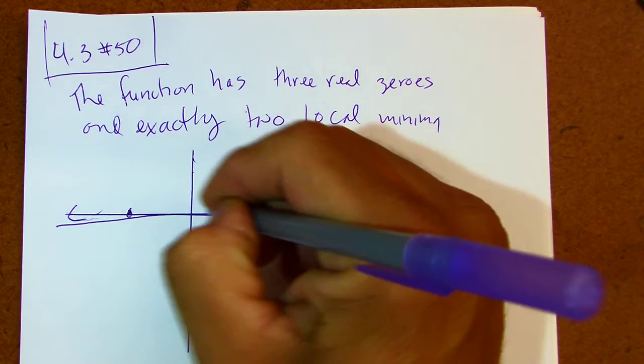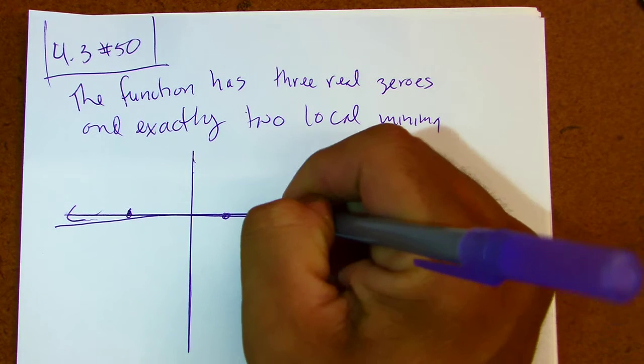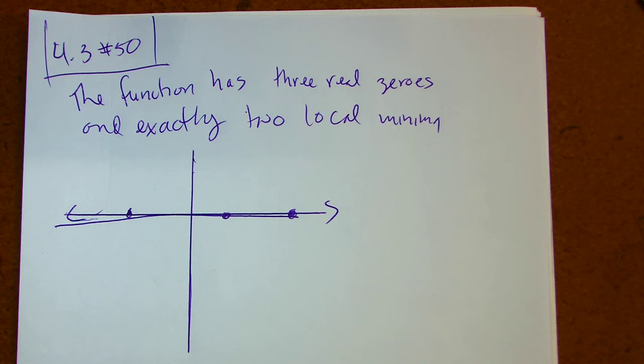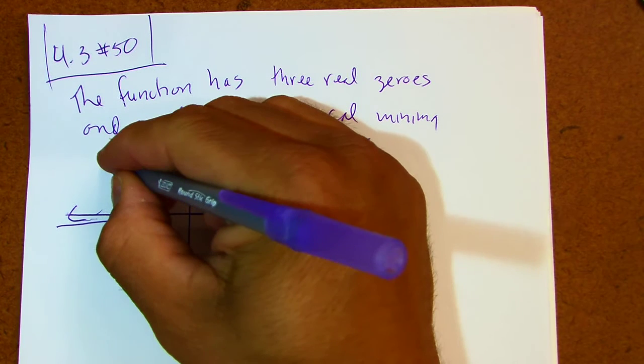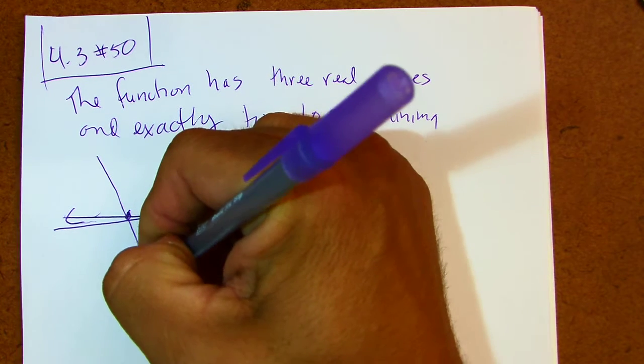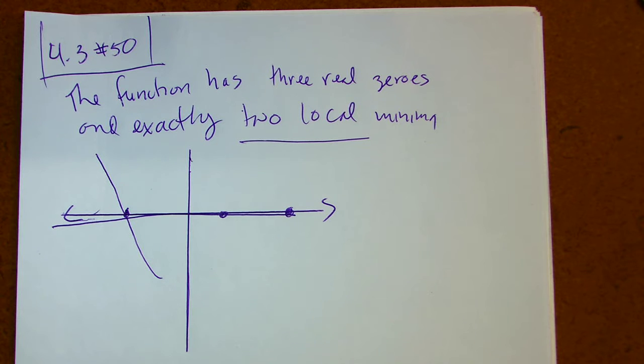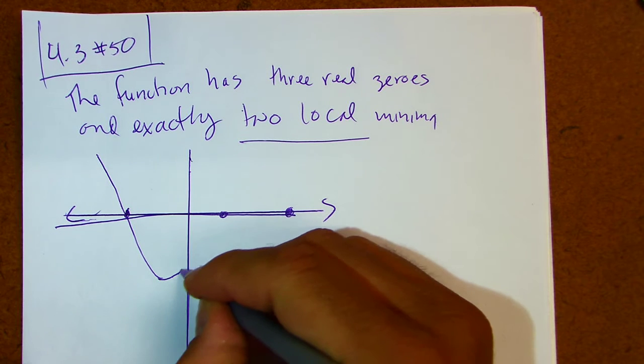Again, the actual value of the zeros is unimportant. I just know that at 3 instances, exactly 3, it crosses the x-axis. All right, and I wanted to have exactly 2 local minimum. So if I think of here, so okay, let's start off. It probably comes down this way. So this is a possible example here, and then it goes up here.